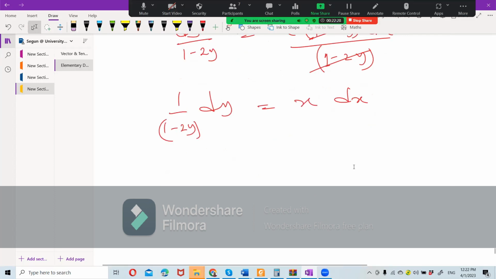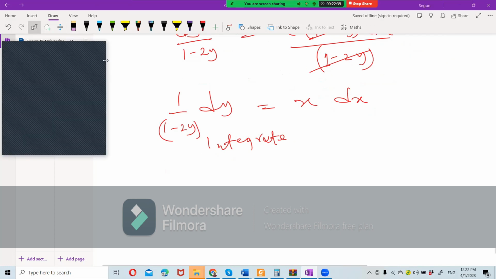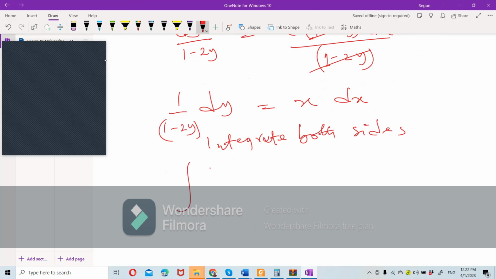Then we can integrate both sides. So you have the integral of 1 over 1 minus 2y dy equals the integral of x dx.